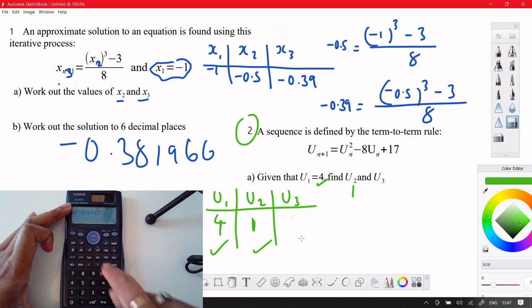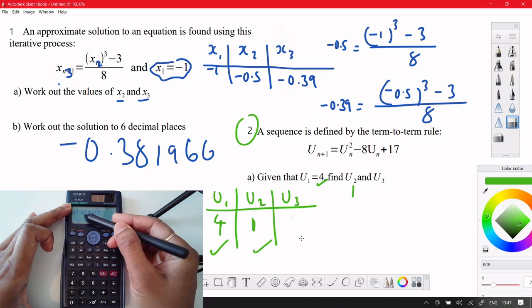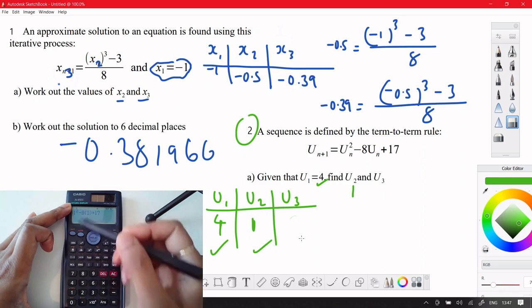Now to get the next one, I can go back and edit it. This time it's going to be replace the 4 with 1. Remember that 1 is the second term.